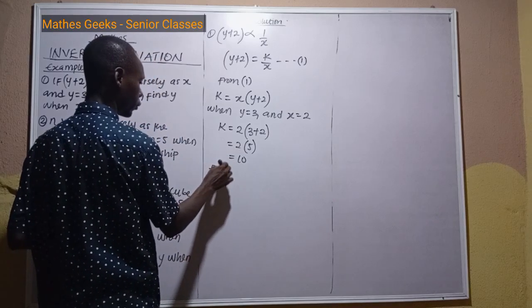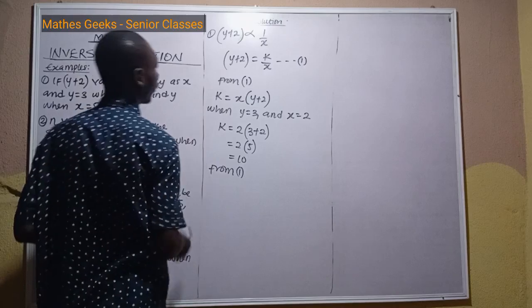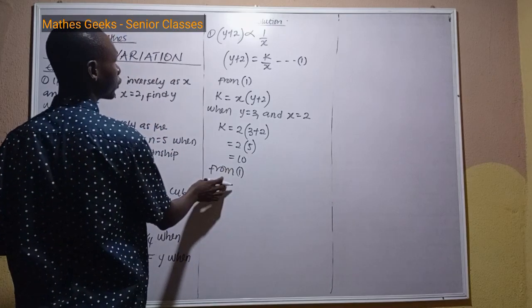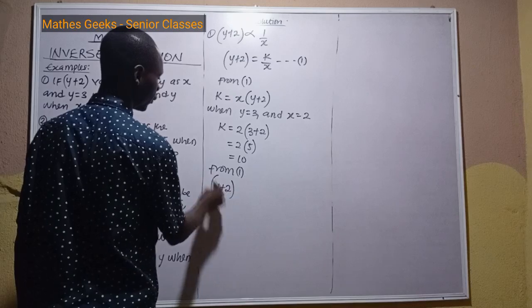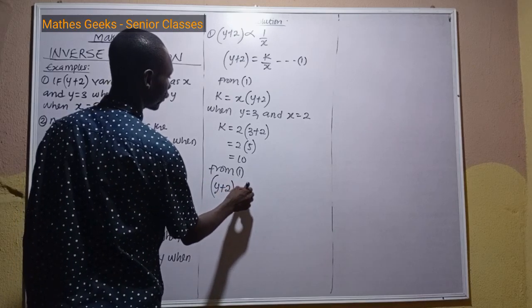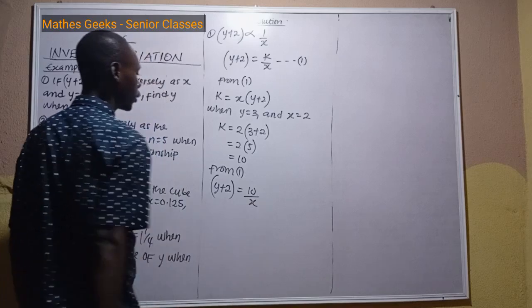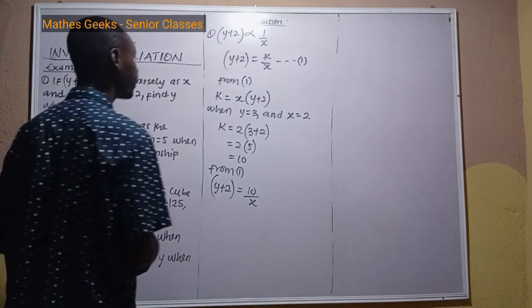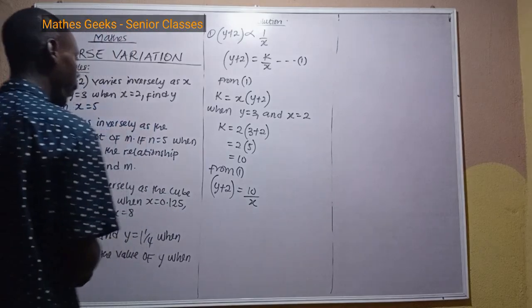So from 1, y plus 2 is equal to 10 over x. That's the formula connecting y plus 2 and x together.